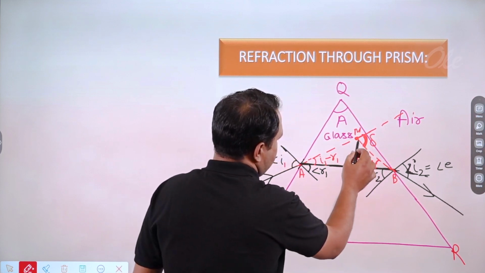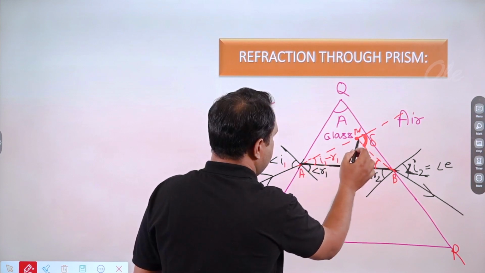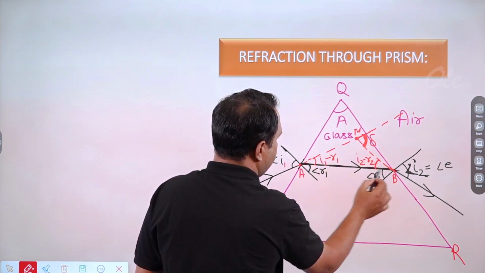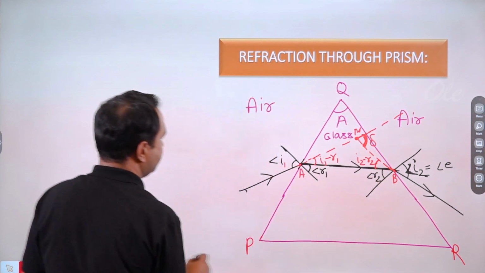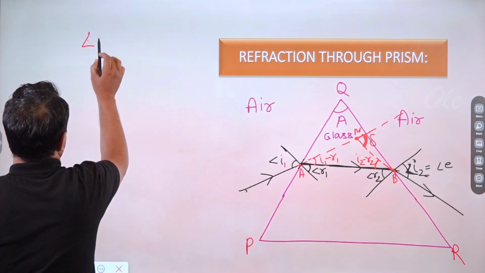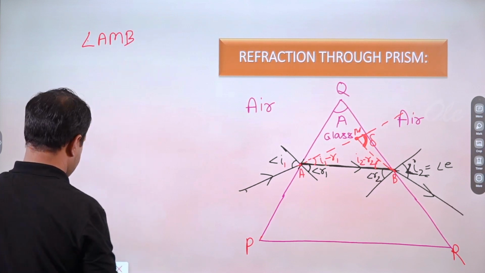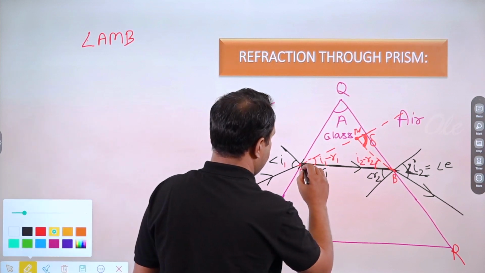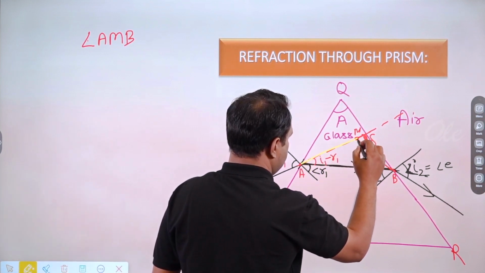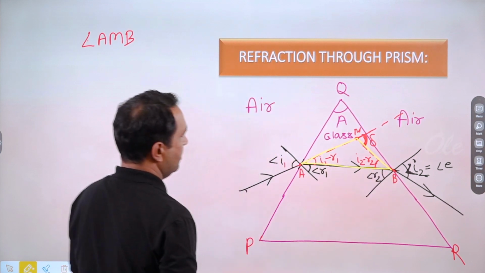Now, see, in triangle MAB, or triangle AMB, this triangle, we are talking about this triangle AMB. Okay.